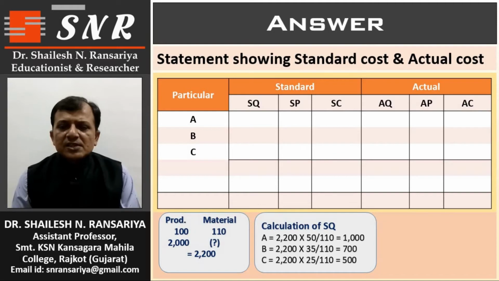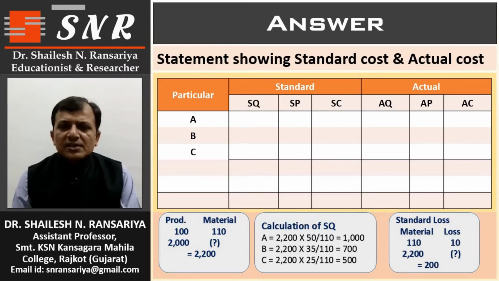And for C, 2200 multiply 25 divided by 110, so it is 500 kilograms. Now we will calculate standard loss also. In the example, material 110, then loss is 10 kilograms. Here the material is 2200, then the loss is 200 kilograms.